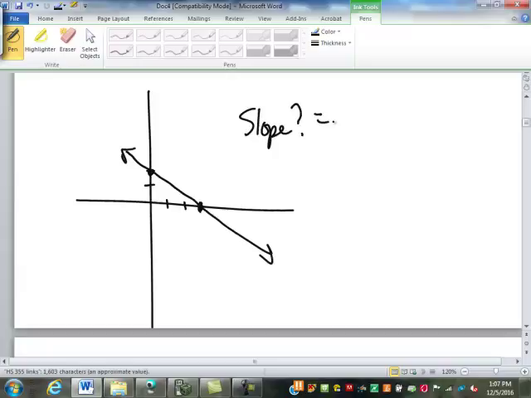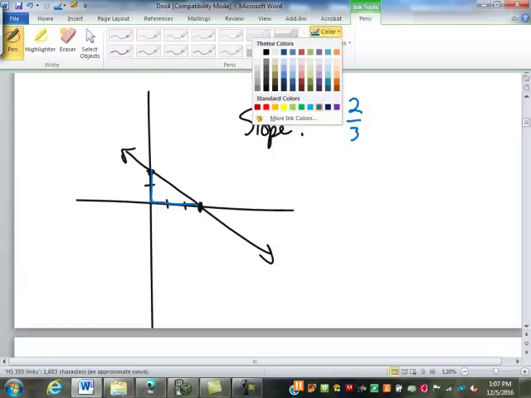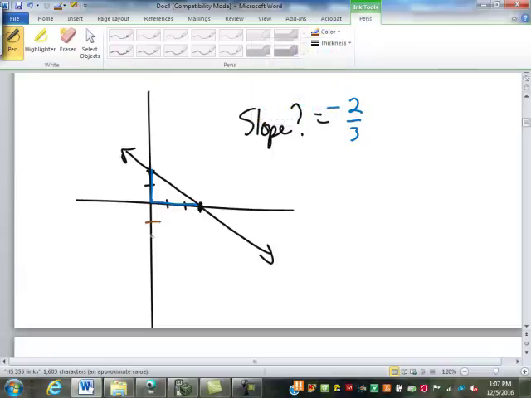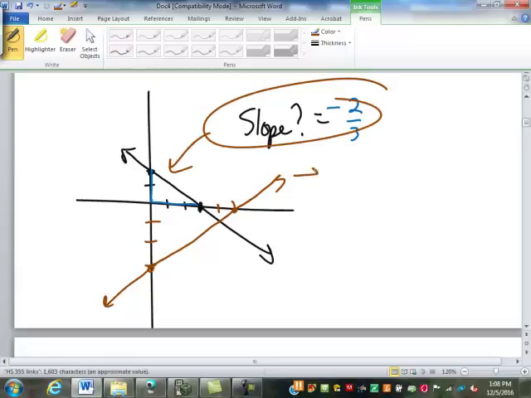What's the slope of that one? Almost. Negative. There it is. Negative 2/3. Okay. That one? 3 over 5. Up, goes up 3 over 5.